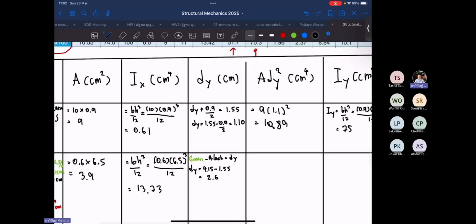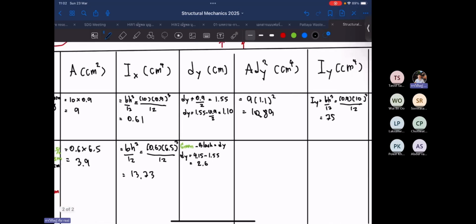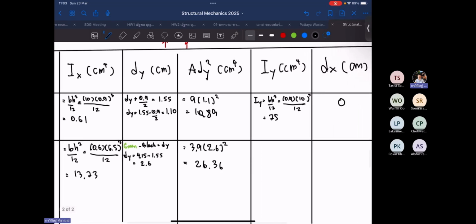Then A dy squared, this one is equal to A times 2.6 squared, which is 26.36. Next, the I1. I1 is equal to b h cubed divided by 12.